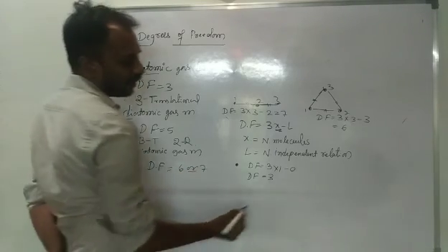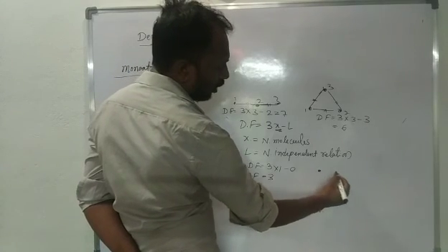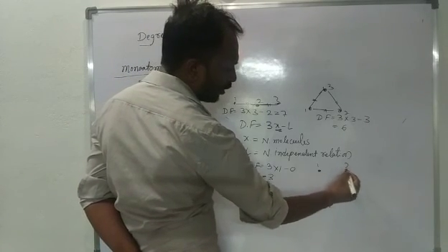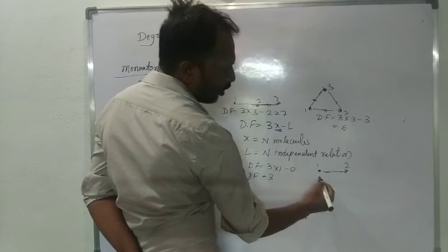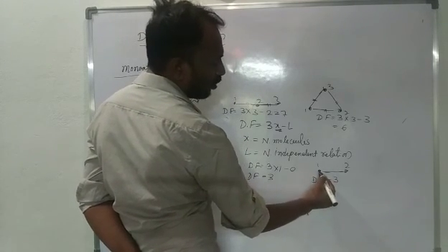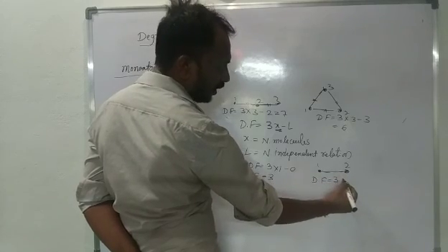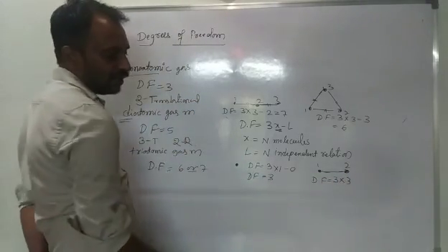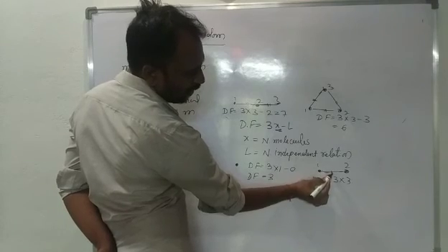Another one is the diatomic molecule. Okay, 1 and 2, and this one is a relation. So degrees of freedom is 3x minus L; the number of molecules is 2, and only one relation is there.